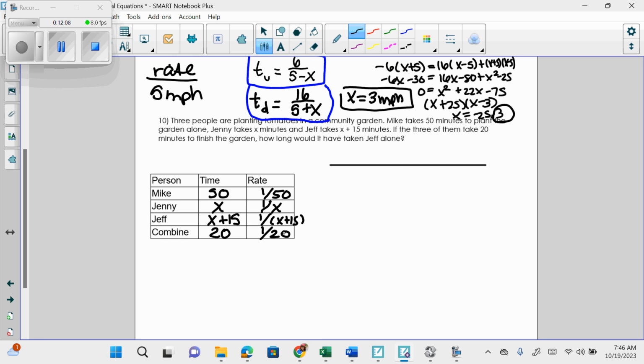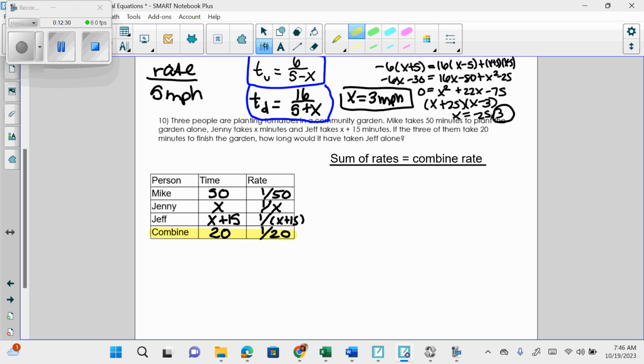So when you're dealing with a combined rate like this, where you know how quick it is, or maybe you don't know how quick it is for everyone working together, and then you also have their individual rates, we know that the sum of the individual rates will equal the combined rate.